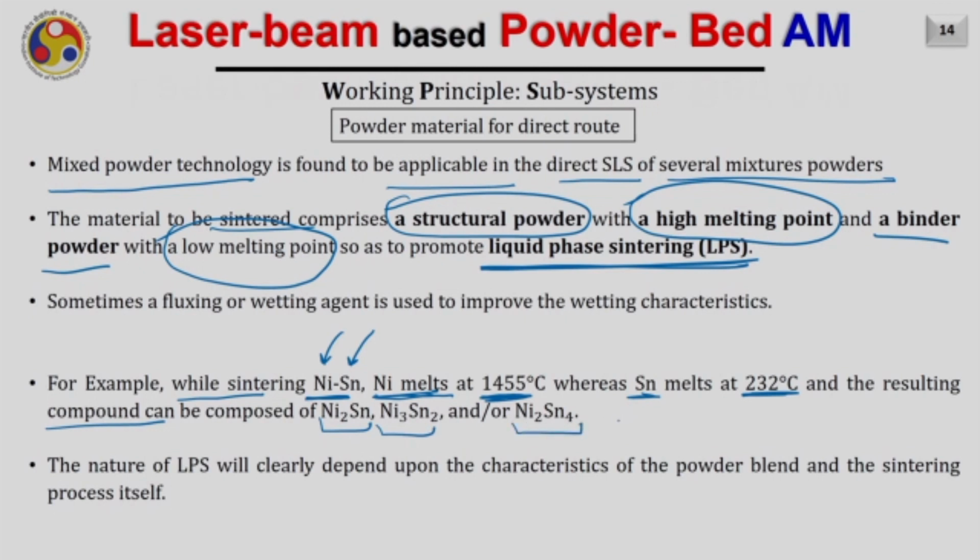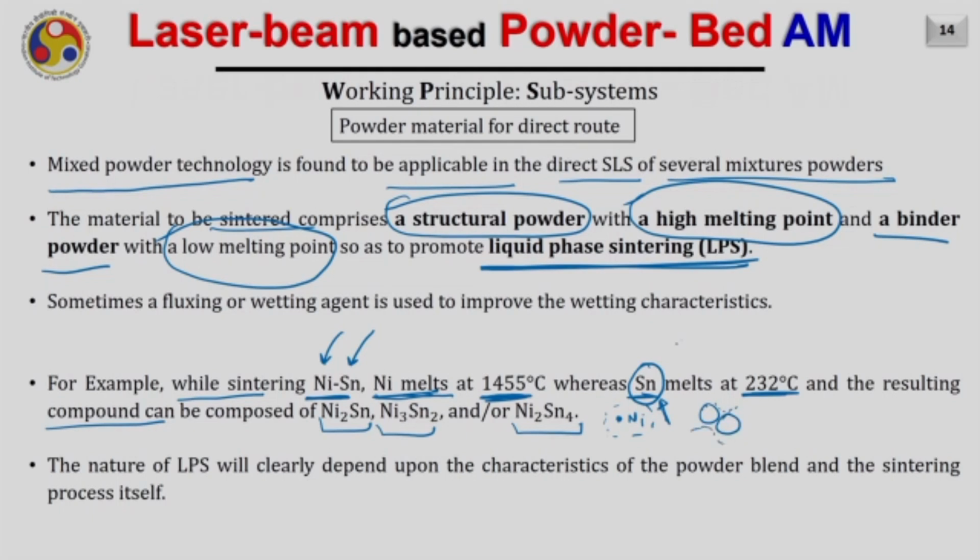It of course depends on how many particles are available surrounding the nickel or Sn. Those are getting melted while the laser beam scans over it. So the laser beam usually melts this Sn first, and the molten tin usually flows into the porosities available between the nickel particles.